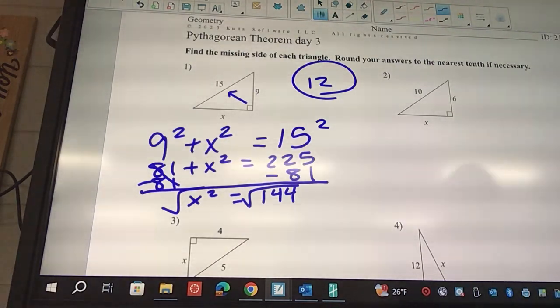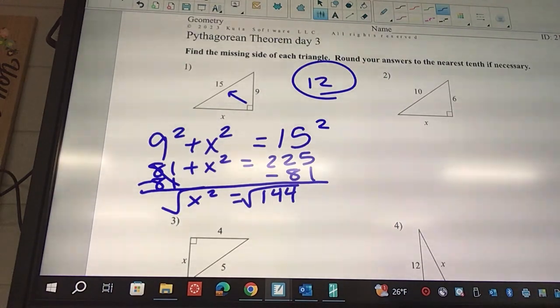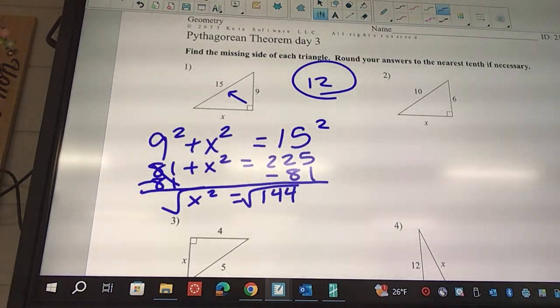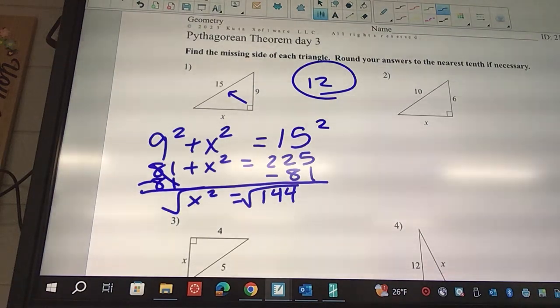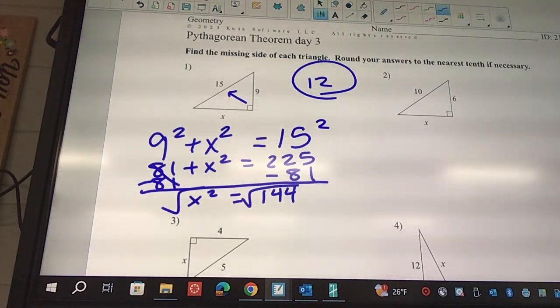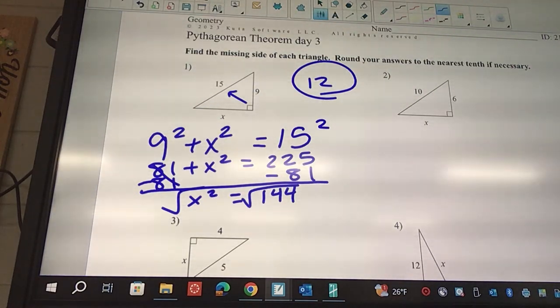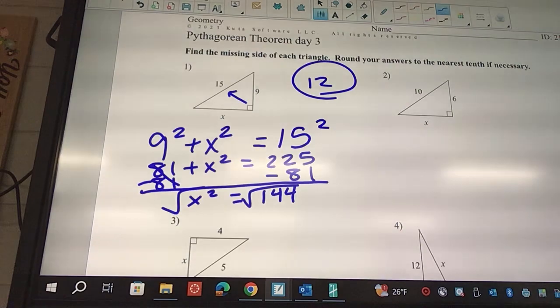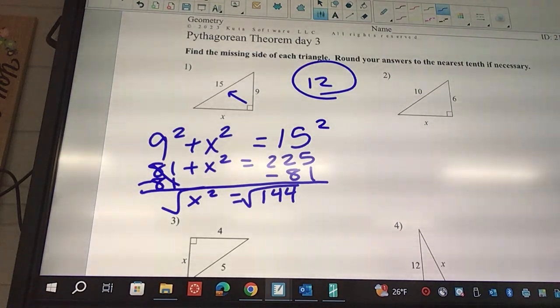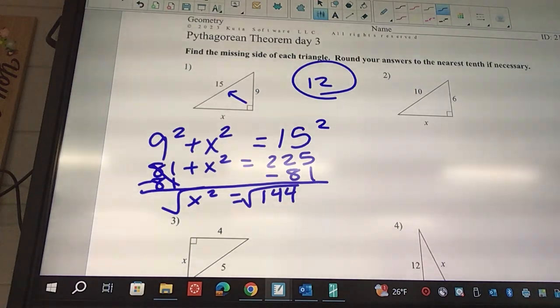Now, what is a good way you can tell if the number might be right? It should be less than what? The other two sides.